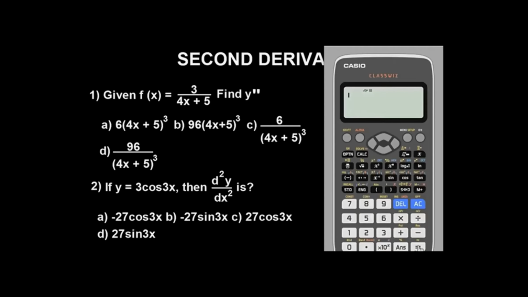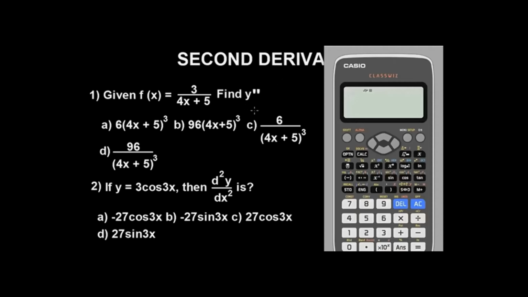Before I tell you the other things you need to take note of, I want to say a few things regarding second derivative or differentiation as a whole. In derivative or differentiation, some examiners use dy over dx, some use prime, and some spell out what they want you to find. For instance, in this question 1, the question says: given f of x equals 3 over 4x plus 5, find y double prime. As you can see, the person that set this question didn't use d2y over dx2.